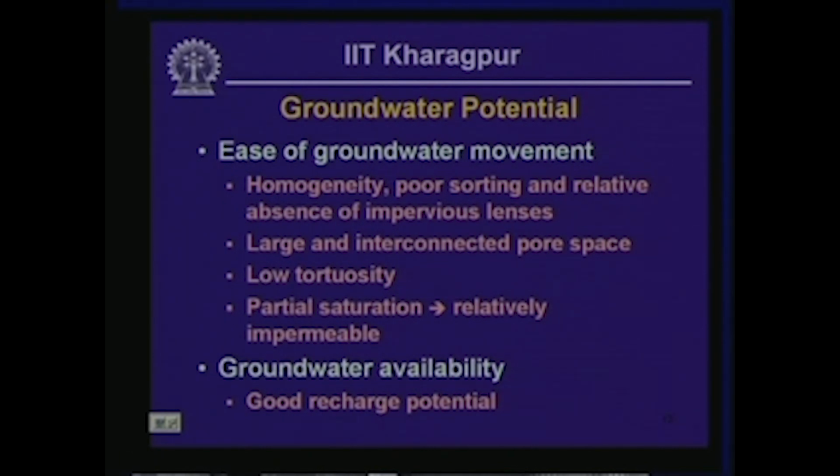So that tells us that if we have got, for instance, a poorly sorted deposit of gravel, for instance a glacial outwash deposit formed by glacial outwash process, that type of soil formation, if it is saturated with water, is going to act as a good source of groundwater.